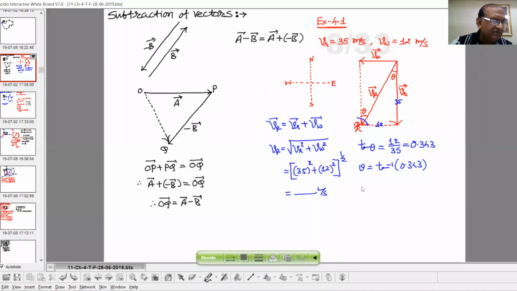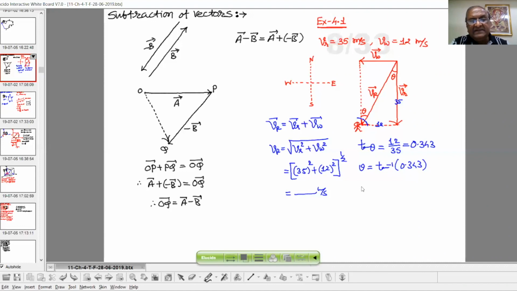Now illustration 4.1. Rain is falling vertically with a speed of 35 meter per second. Wind starts blowing after some time with a speed of 12 meter per second in east to west direction. In which direction should a boy waiting at the bus stop hold his umbrella?